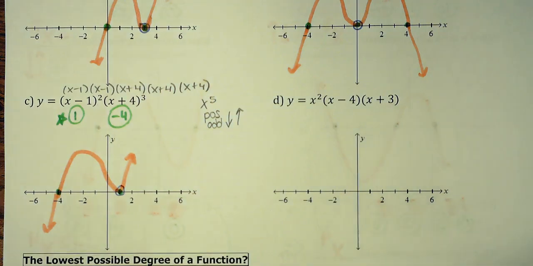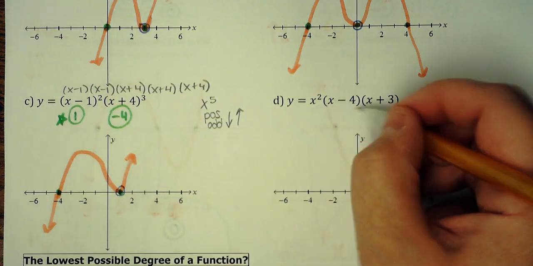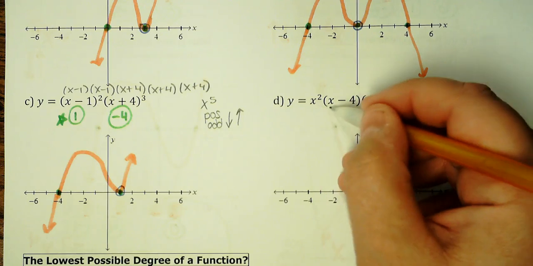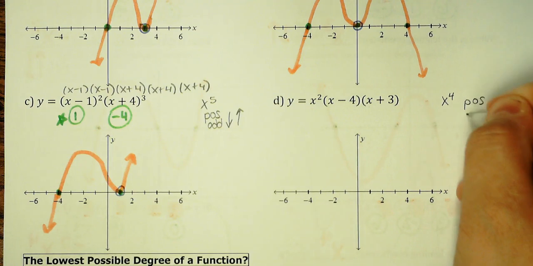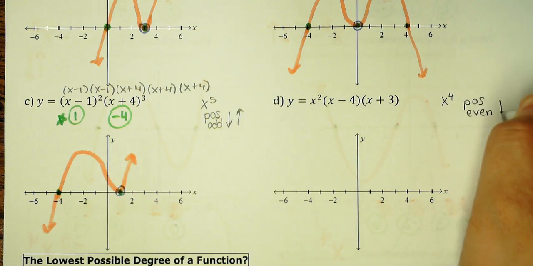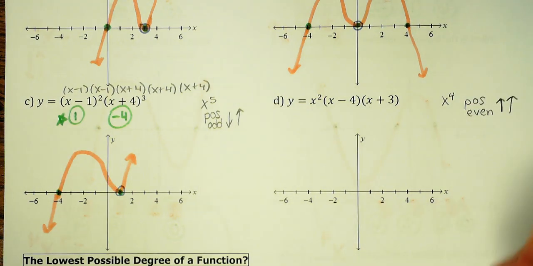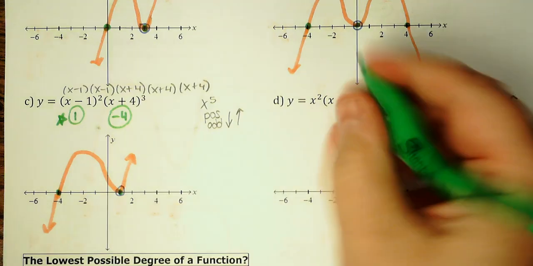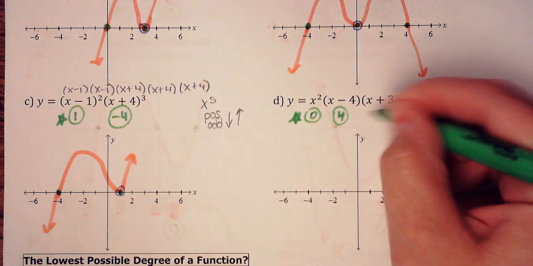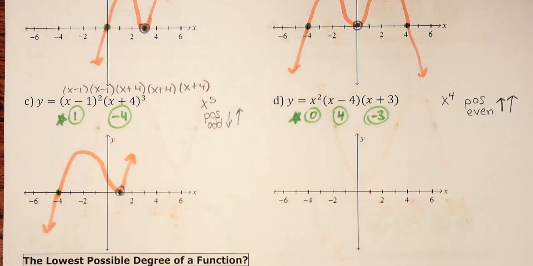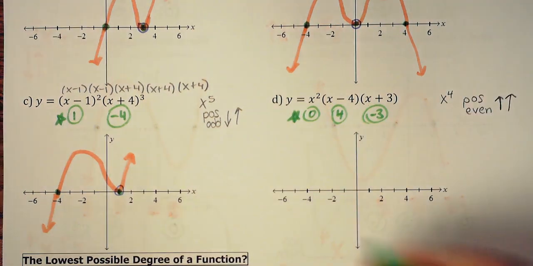And I just have one more here. If you were to multiply this out, x squared times x would give you x to the 4th. So this is going to be positive and even. It's going to go up at the beginning and up at the end. We're going to go through 0 with a multiplicity of 2. We're going to go through 4, and we're going to go through negative 3.